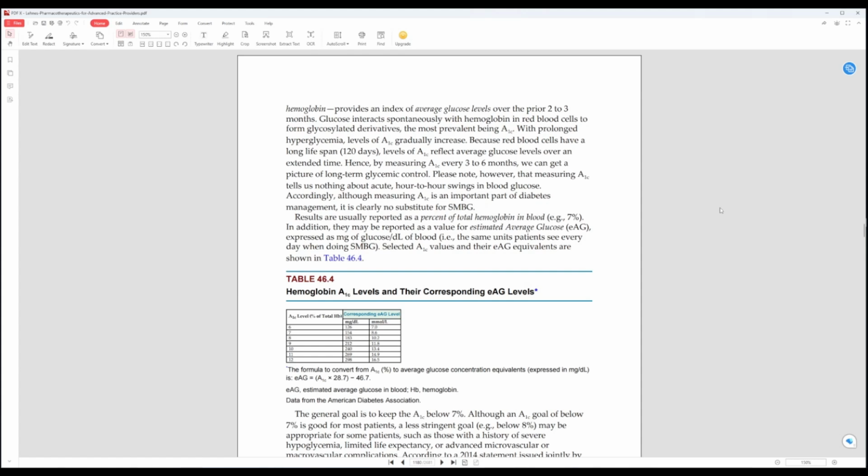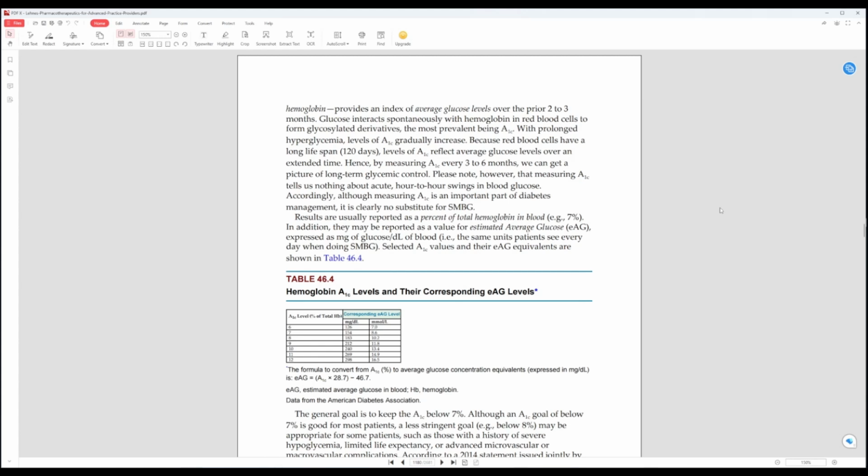With prolonged hyperglycemia, levels of A1C gradually increase. Because red blood cells have a long lifespan of 120 days, levels of A1C reflect average glucose levels over an extended time. Therefore, by measuring A1C every 3 to 6 months, we can get a picture of long-term glycemic control.